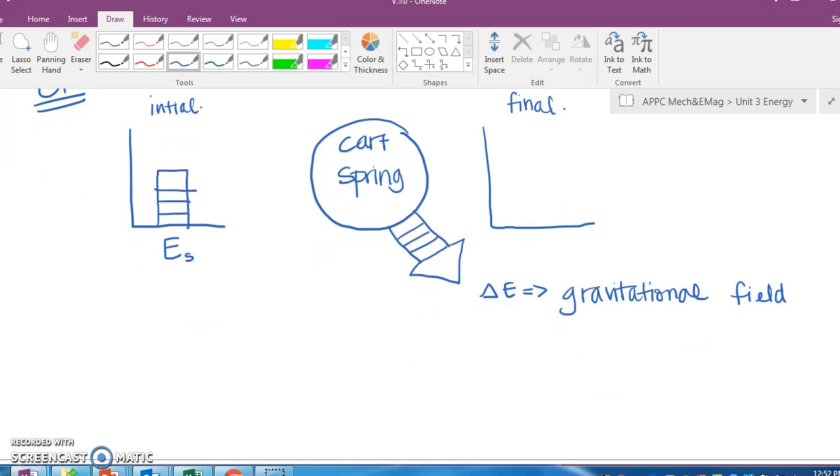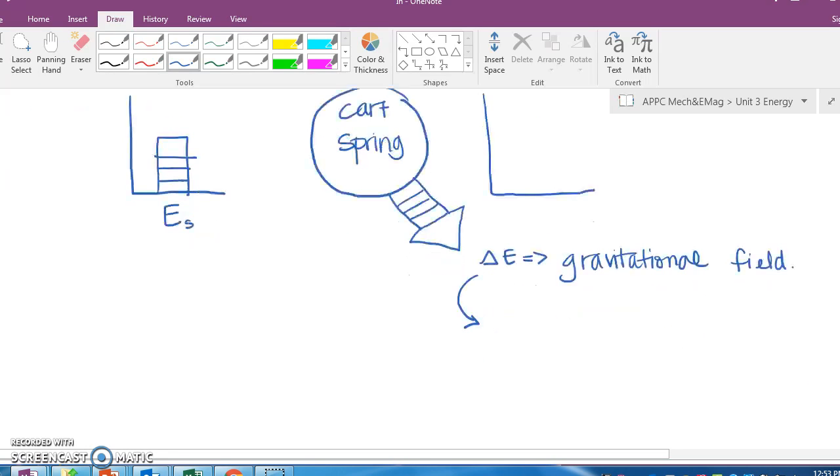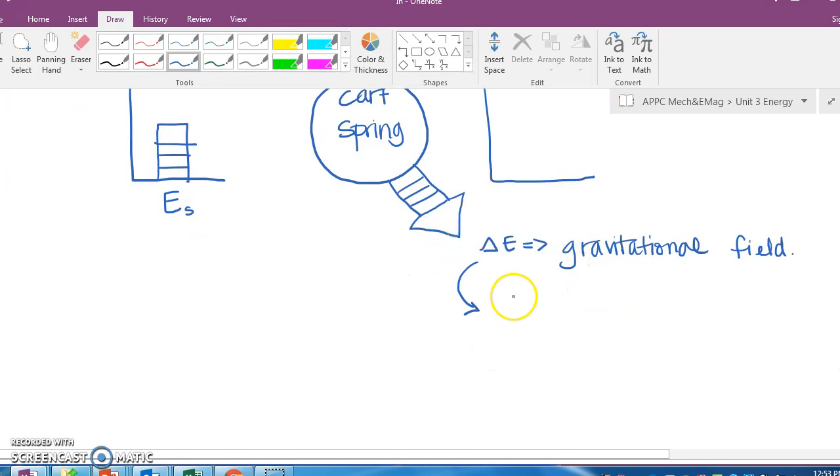So there's no kinetic energy, no energy that's been converted to this change in energy due to the gravitational field. Well, in order to change energy, we have to do work. Okay? So you go to the gym and you work out, you lift heavy objects and put them back down, and lift heavy objects and put them back down.